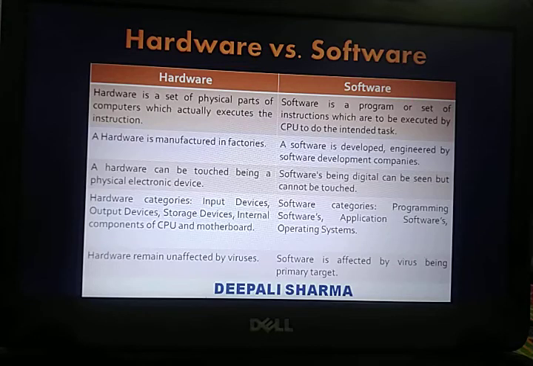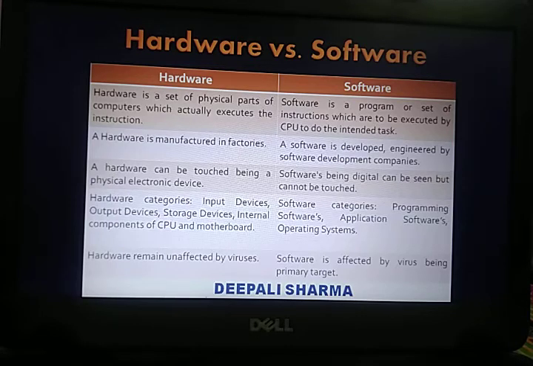And the last point is that hardware remains unaffected by virus, because a virus cannot attack the hardware component, but it can be damaged by physical damage. Next point is software is affected by virus, being the primary target. So your software can be affected by virus.